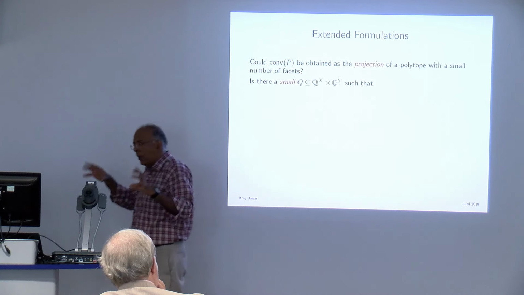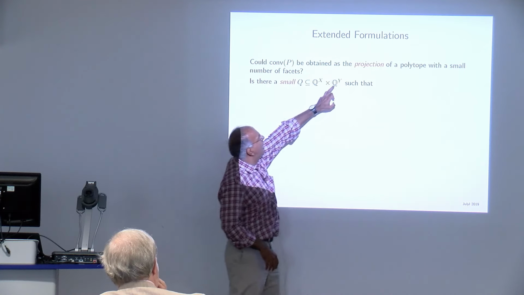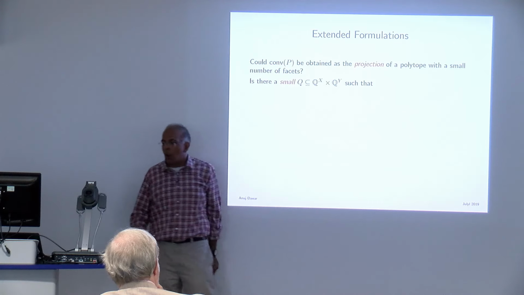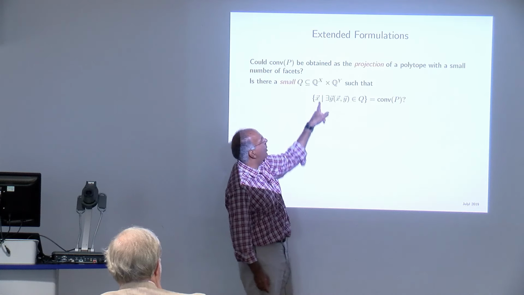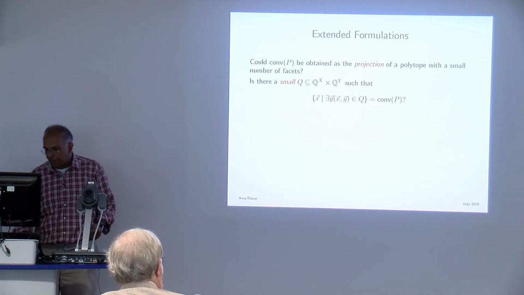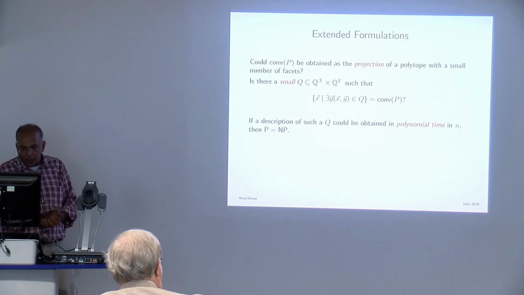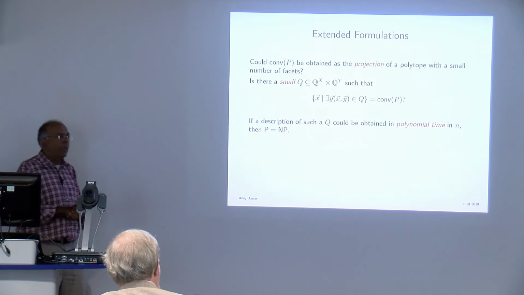So look at a polytope in Qx cross Qy for some new additional auxiliary variables, and find something with a small number of facets such that its projection down onto the variables x we're interested in gives us back the convex hull of P. This is what's called an extended formulation. Okay. If we could come up with such a description in polynomial time, then we have P equals NP.